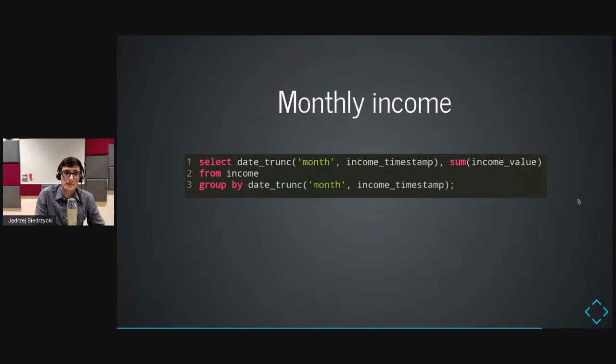That was pretty easy. But now things get a bit more complicated, and we were asked to calculate the difference between consecutive months. So what's the difference between income in January and in December the previous year, for example? I would like you to remember this query because we will use it further on.